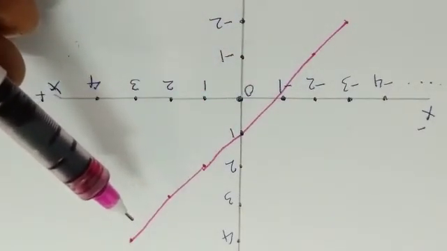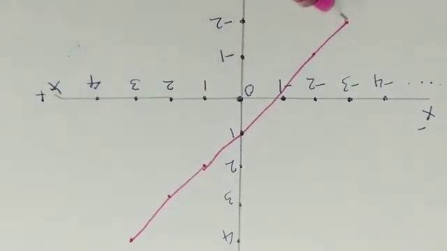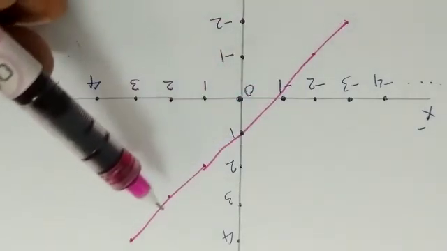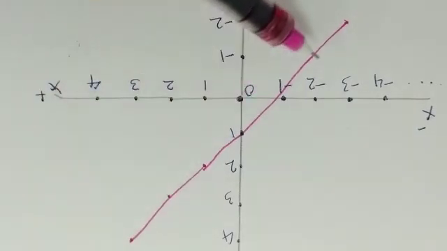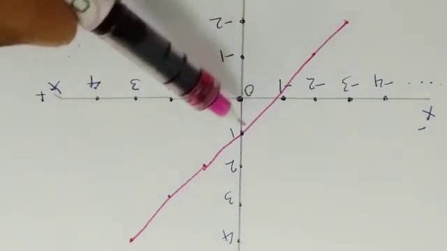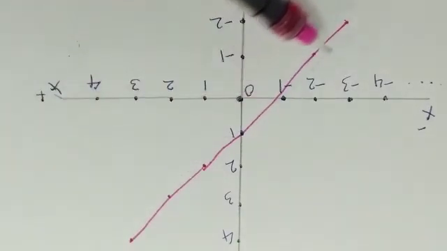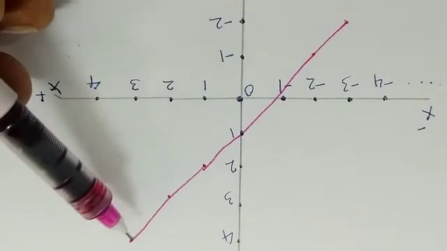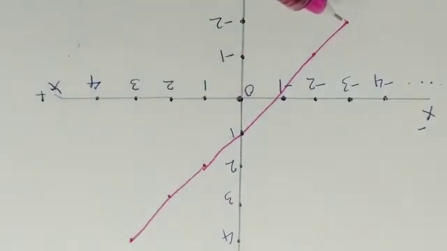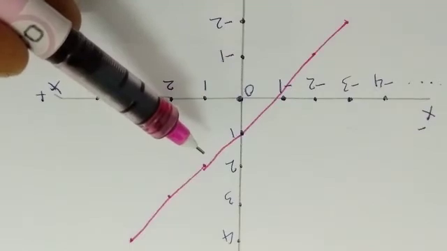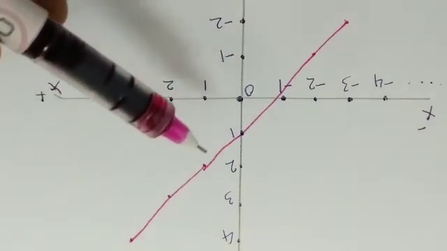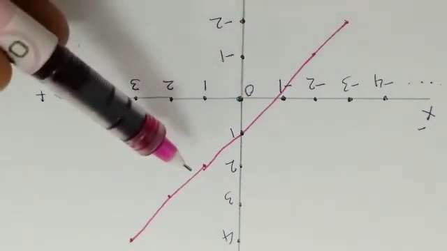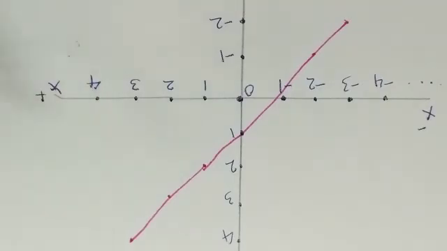If you use a scale, you will get a straight line. Since I have drawn without using the scale, it is a little bit shaky. So if you draw using a scale, you will get a straight line. This way you can draw the graph of the line x minus y plus 1 equal to 0.